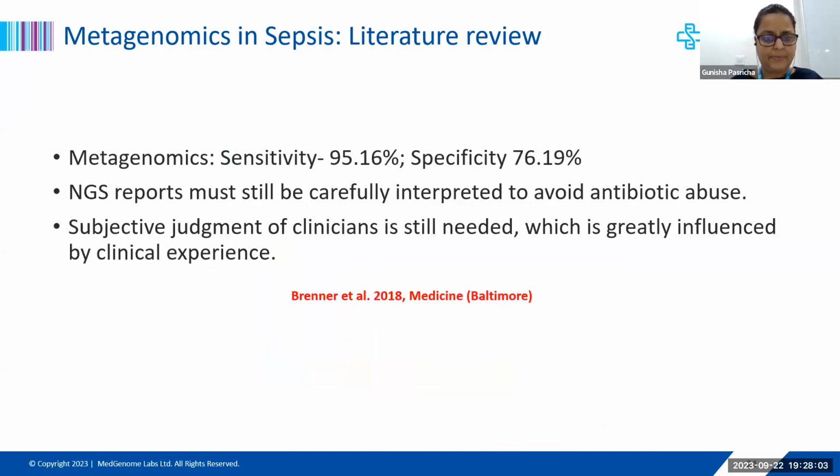So this is another paper, 2018. Here, instead of culture, they had used clinical diagnosis as the benchmark to compare the metagenomics, where they found that sensitivity was 95.16 and specificity was low. So they do talk about that NGS reports must be carefully interpreted, because usually the NGS-based report is polymicrobial.